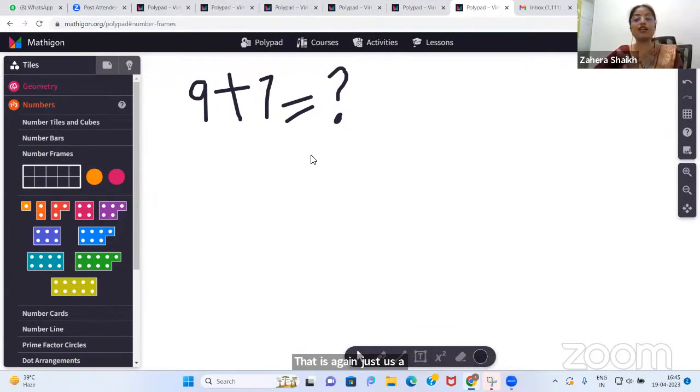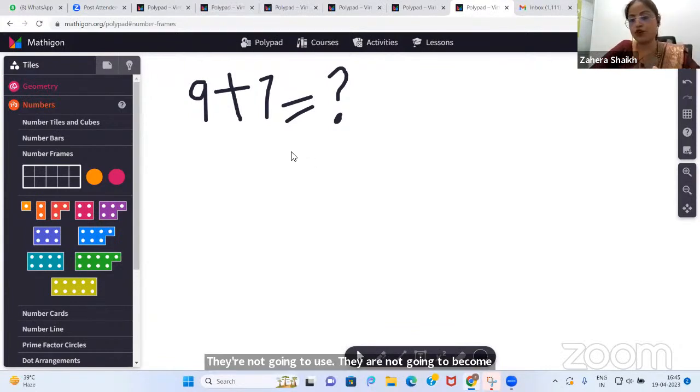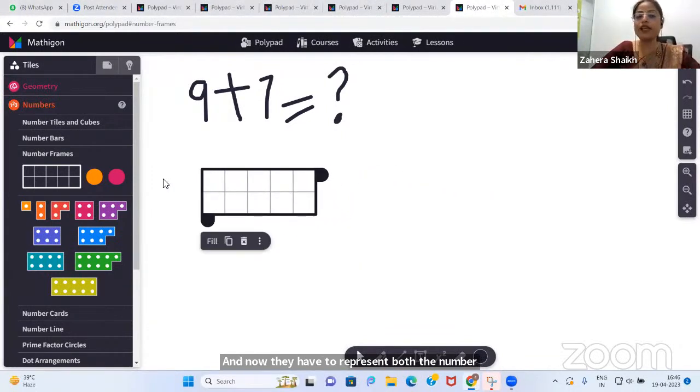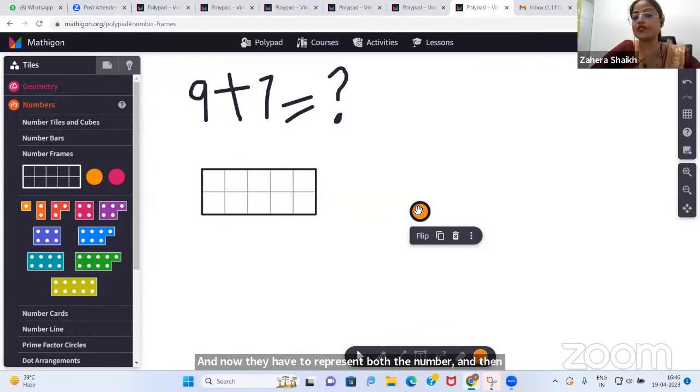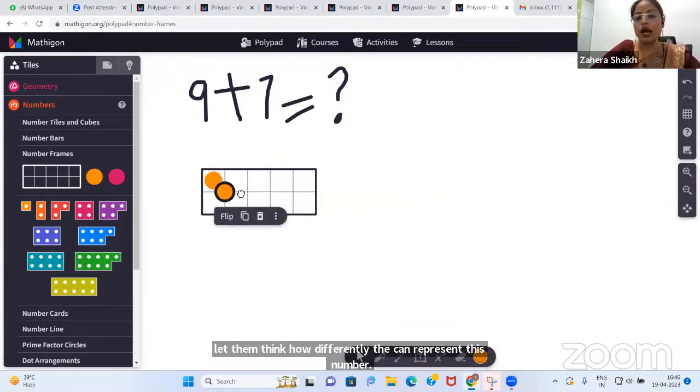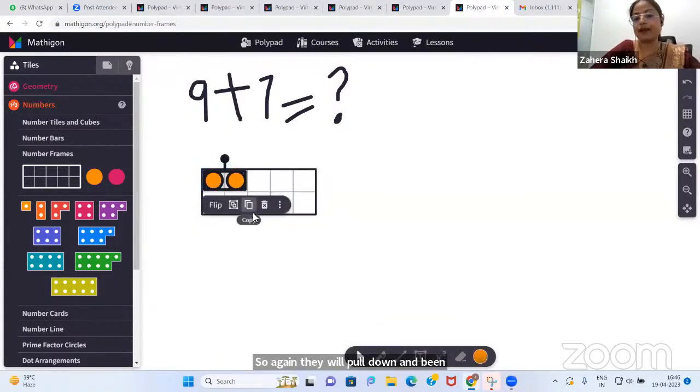They are not going to become fluent if you just give them these instructions to follow. You just ask them, since they are already aware of the combinations they can make for 9, now they have to represent both numbers, and let them think how differently they can represent these numbers. So again, they will pull down and fill these frames with counters to represent the number.